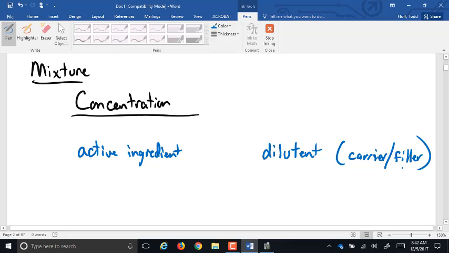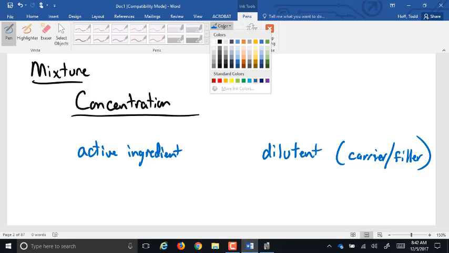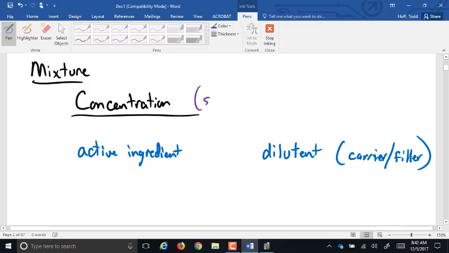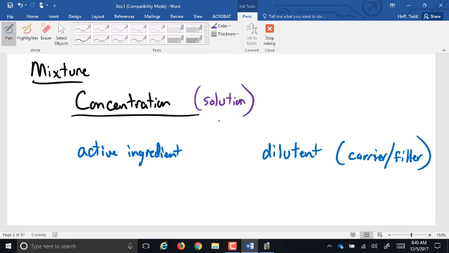If you think of iodine, iodine is an example. Almost any solution can be thought of this way. But iodine, you almost never find pure iodine. Most iodine you find comes in like a 3 or a 4% solution. It's been diluted with an inactive ingredient that doesn't do anything.